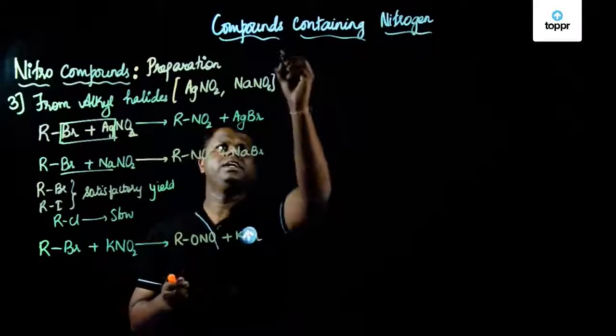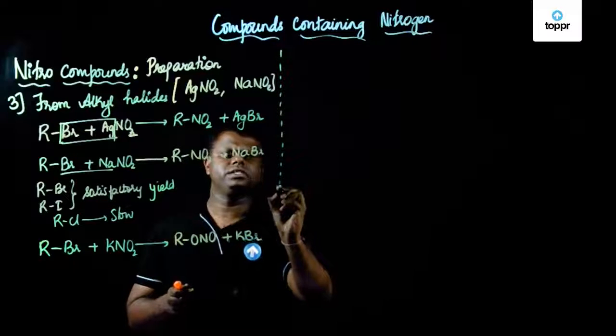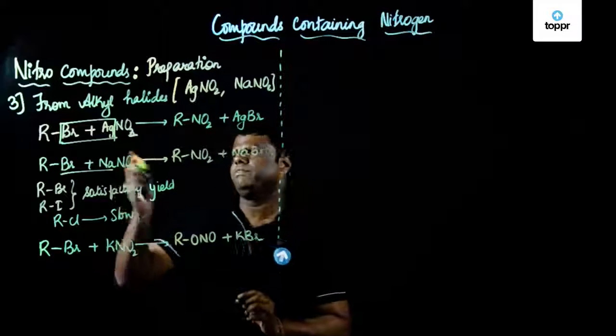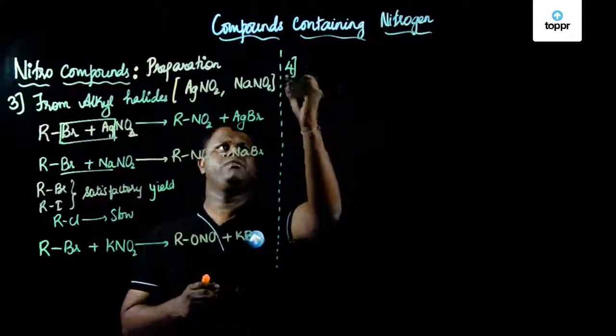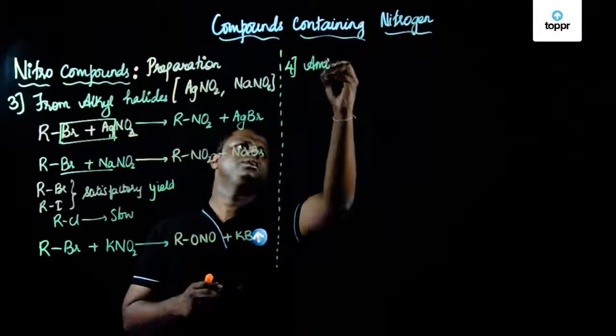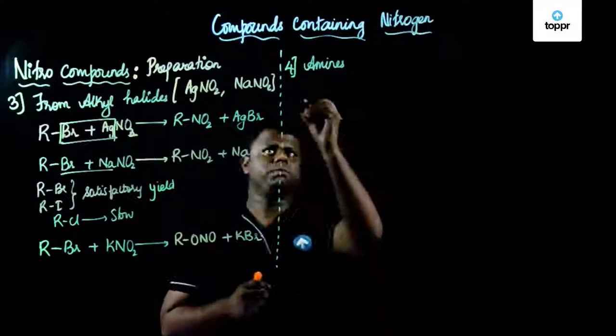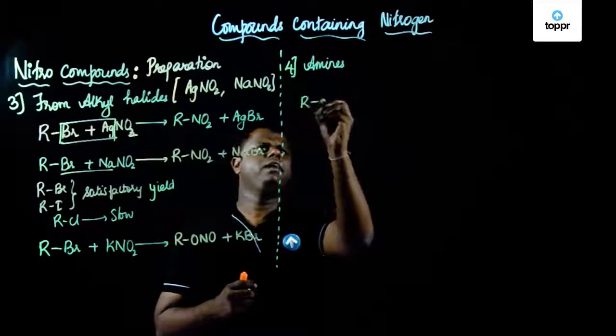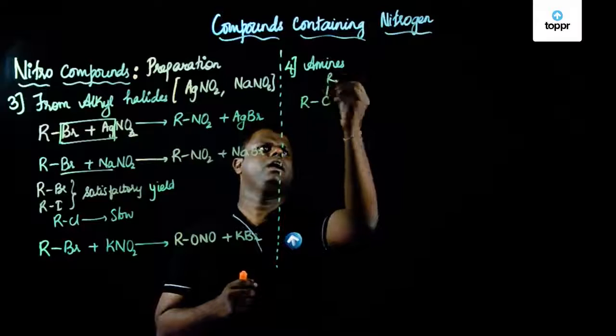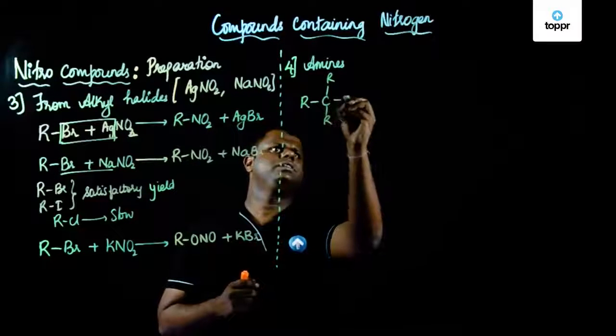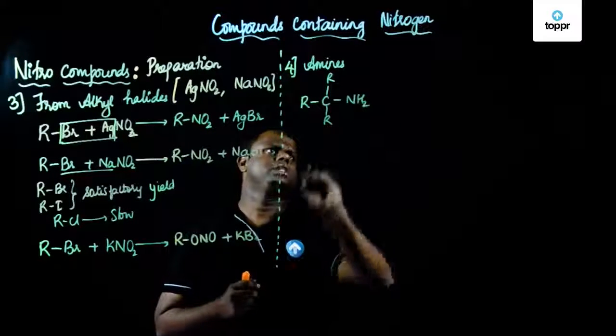Now we are going to discuss what would happen if we try to prepare it from amines. Tertiary alkyl amines on oxidation give nitro compounds. I would write R, C, R, R, correct? And this is connected to NH2, right?